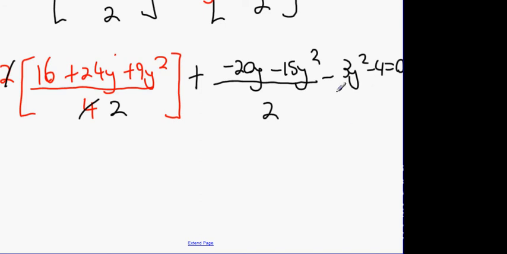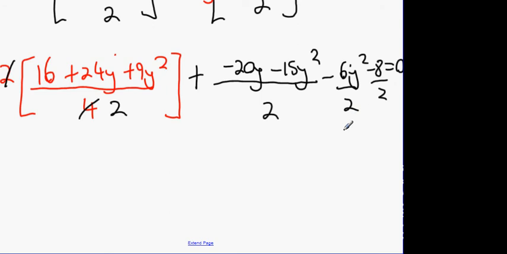So what should I do with the 3y squared? Change it to 6y squared over 2. And what should I change the 4 into? Minus 8 over 2, because it's still minus 4. I'm just changing it so that it's still minus 4, but it has a fraction over 2.